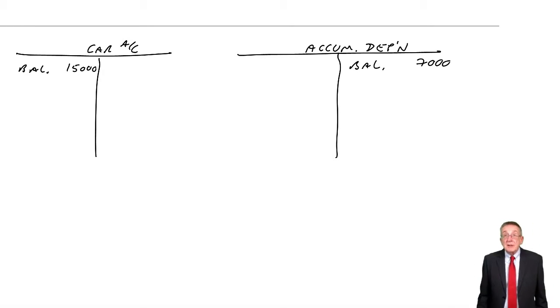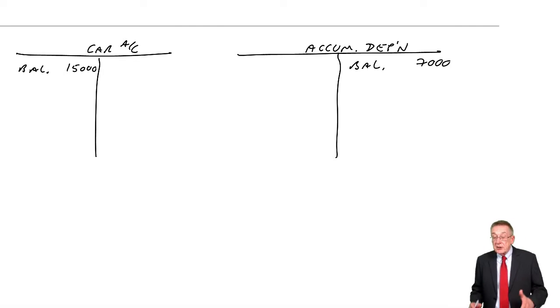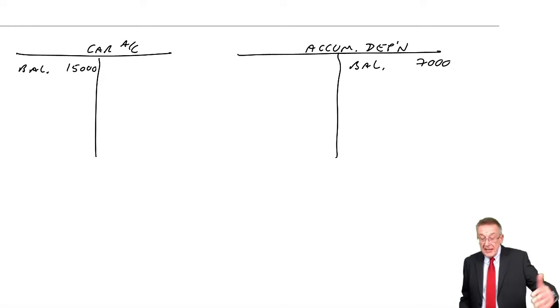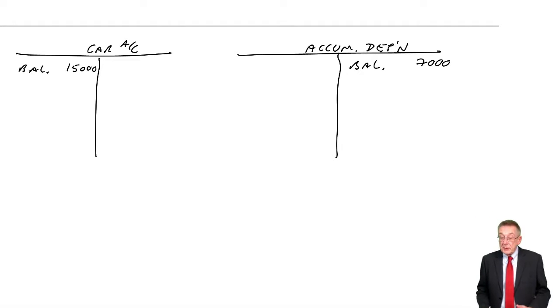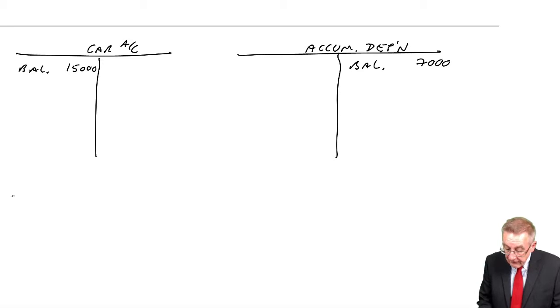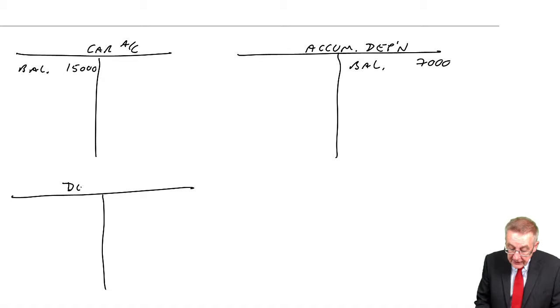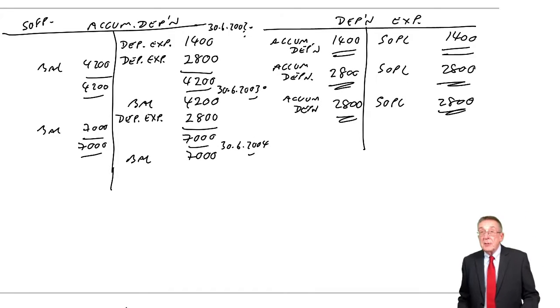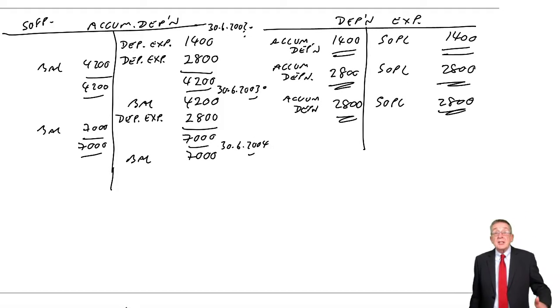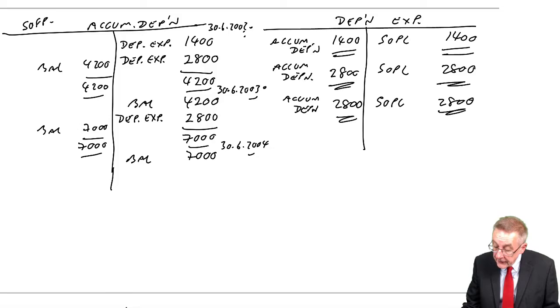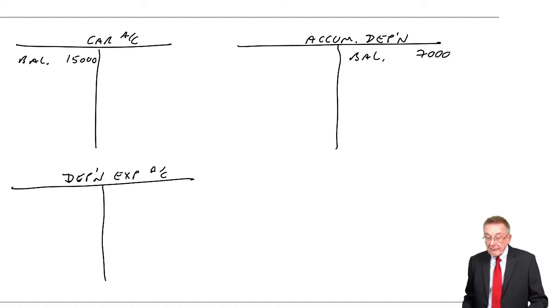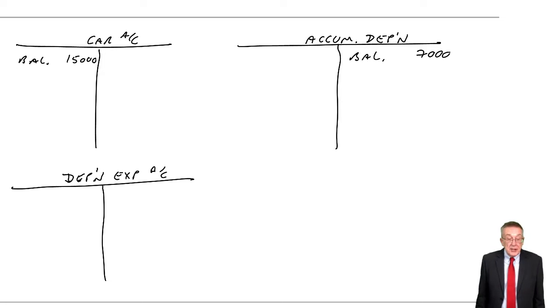And that was there to reduce the value of the car. On the statement of financial position, the car would appear at 15 minus 7, a net 8,000. We also had a depreciation expense account. We'd been recording each year the cost of depreciating, but each year the expense had gone to the statement of profit or loss, so we were left with a balance of 0. We start this year with a balance of 0. And so there was the position at 30th of June 2004.